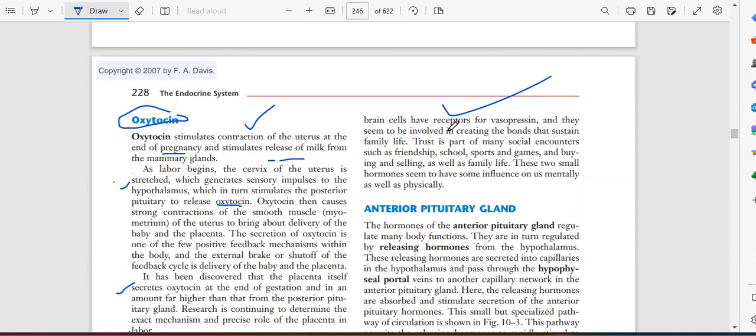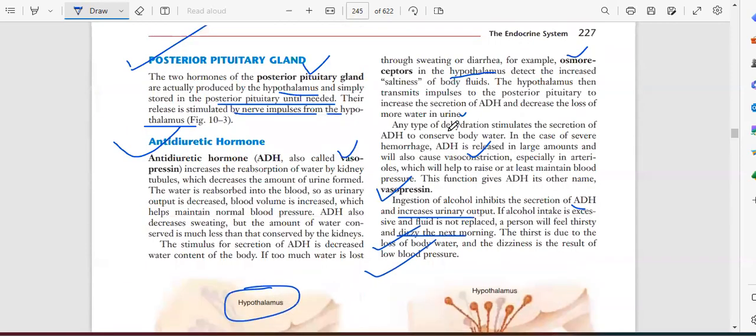So trust is necessary for every part of life: friendship, school, sports and games. Even if we are selling or buying anything, we need trust. So these are the important things we have to understand.